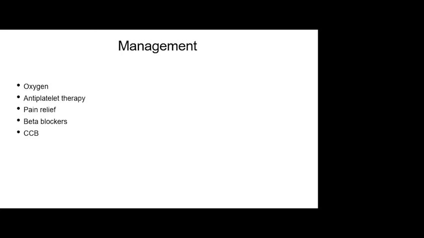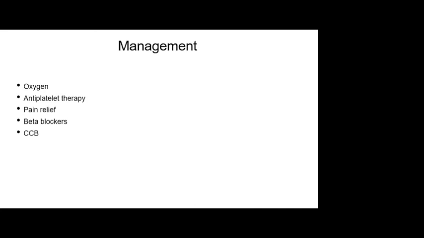Right. Then P2Y12 inhibitors. You know that there are many molecules. I am not going to go into them because Dr. Ajit Kolrat already explained, but just clopidogrel, ticagrelor, and prasugrel. The old clopidogrel is an irreversible inhibitor, prasugrel again, and ticagrelor is reversible.